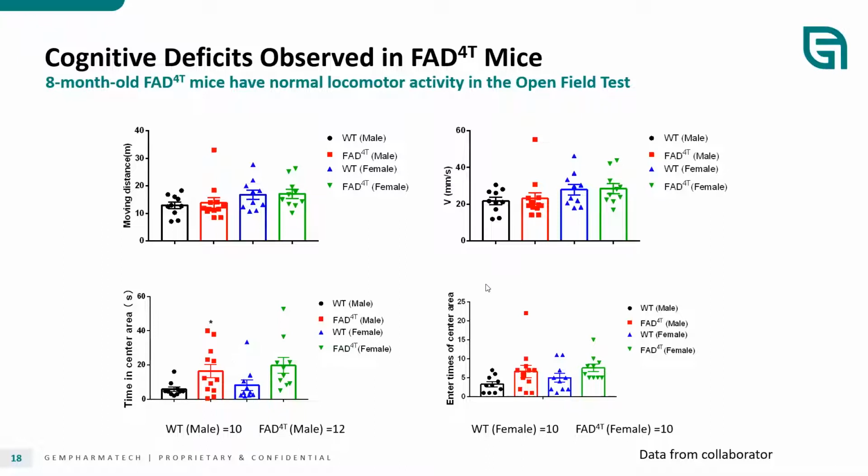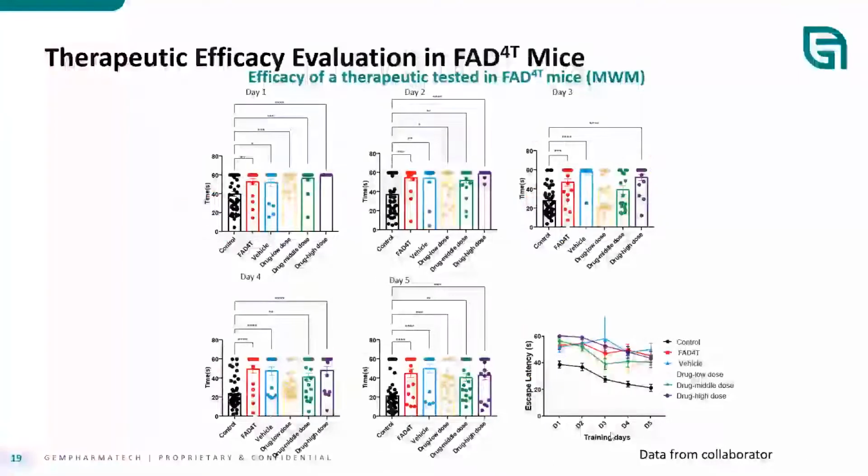However, the time spent in the center, which shows that they possibly do not have fear conditioning, is very different in both males and females. The time in the center was dissimilar in the FADs.